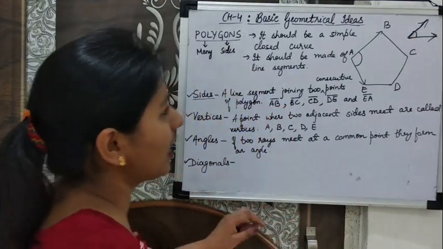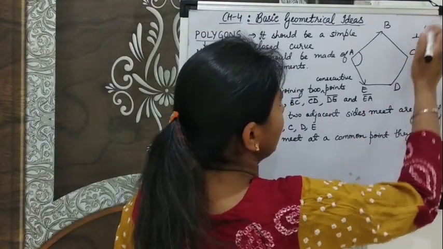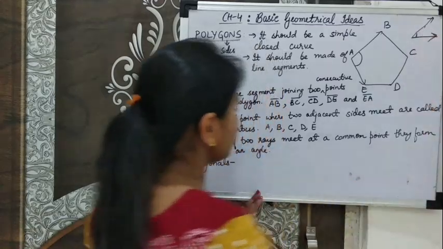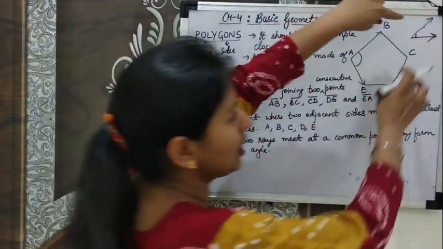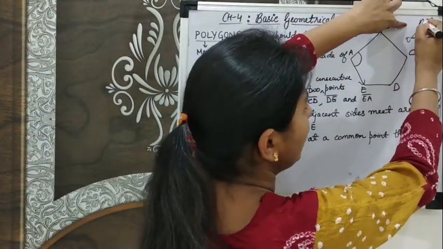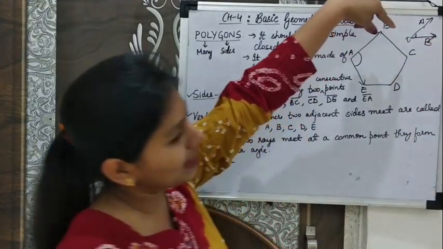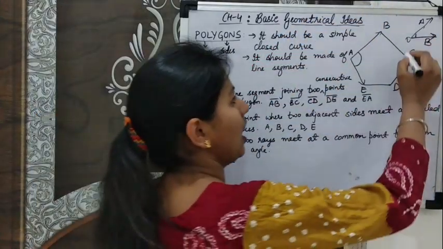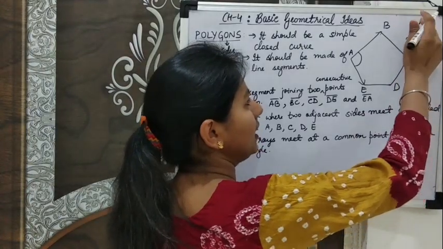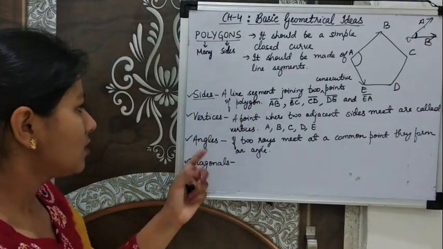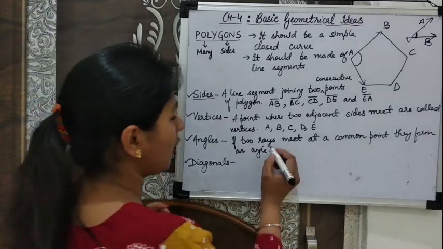Okay, that's why I have written if two rays meet at a common point. These are the two rays, OA and OB are two rays which are meeting at a common point O, and they are forming an angle AOB. So they form an angle.